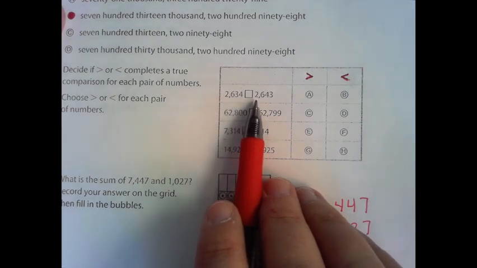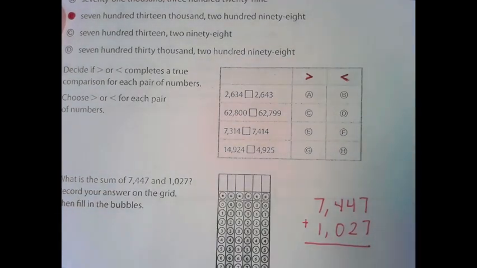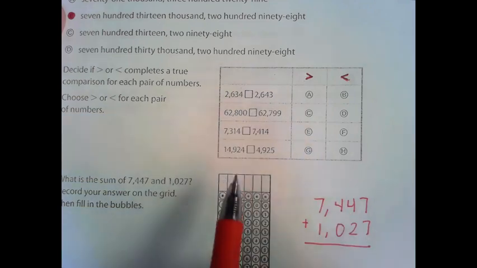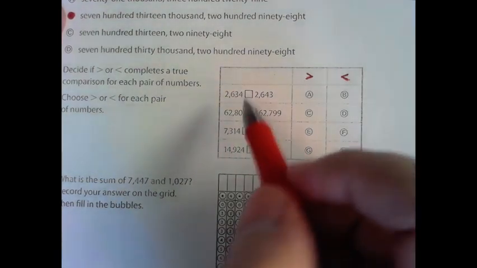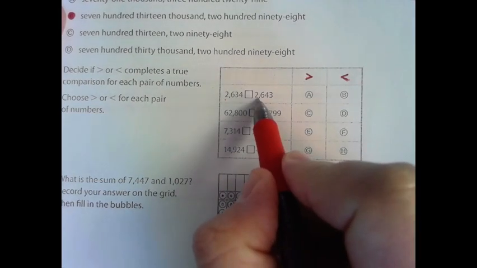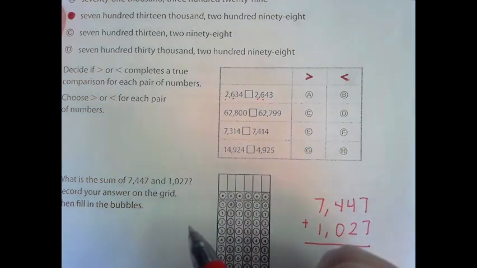So if I'm looking here, 2,634 and 2,643. So again, when we're comparing numbers, we look at the digits first. Look at the amount of digits. So both of these are 4-digit numbers. Okay, so that means they're both in the thousands, which means we need to start comparing them starting with the thousands. So we have 2,000s, 2,000s. So we need to now go to the hundreds. We have 600s, 600s.